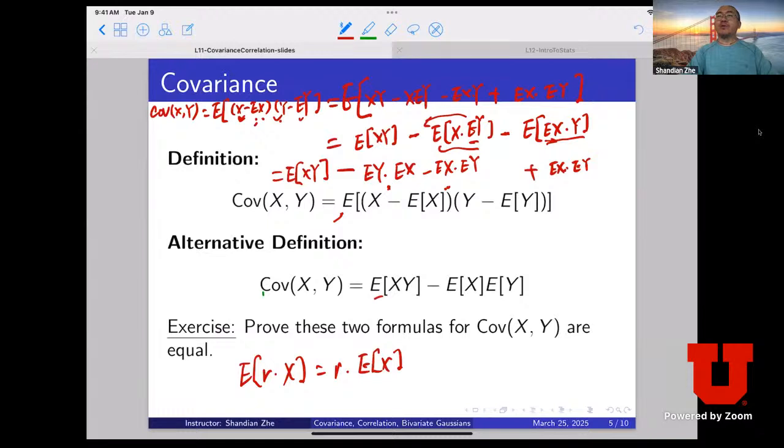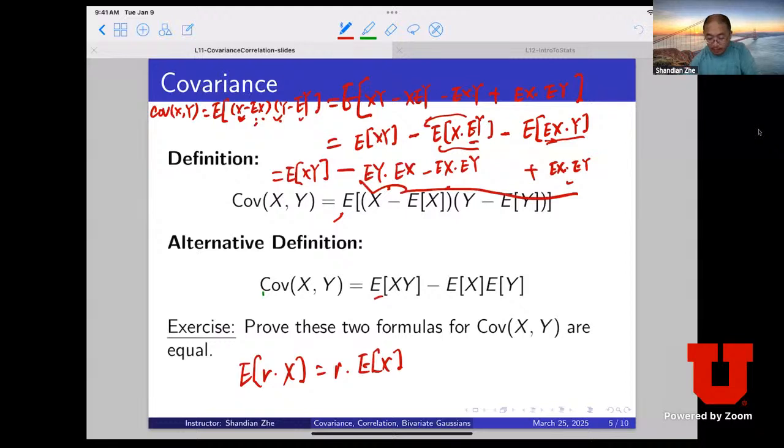So now what can we observe? We see another product of the expectations. And then when we merge the three terms, the second, third, and the last term, what do we get?